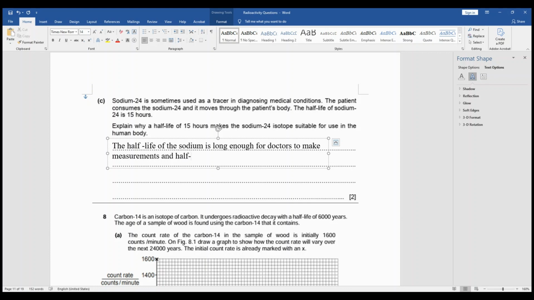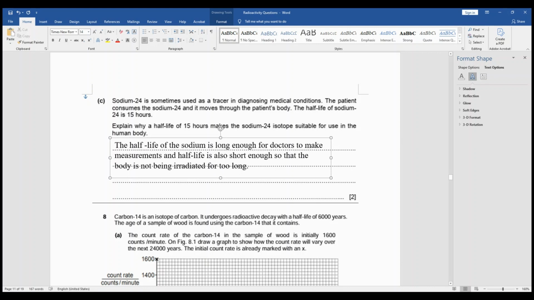The half-life is also short enough so that the body is not being irradiated for too long. You don't want to receive too much radiation. Okay, 2 points, so 2 marks.